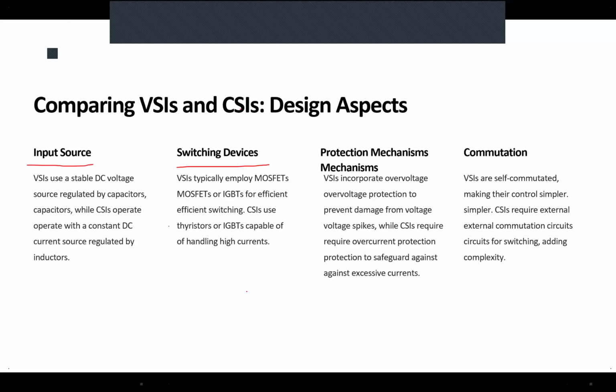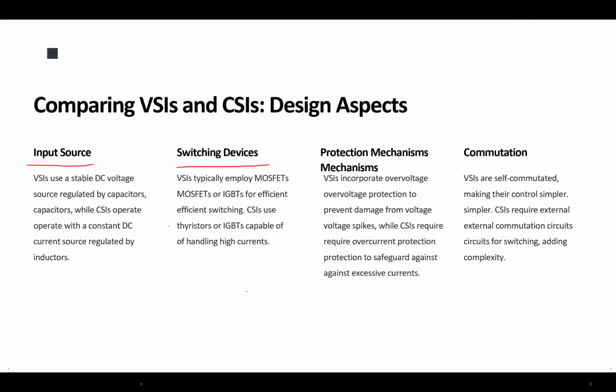We said there is a difference between the switching devices that they normally use. VSI normally uses MOSFETs or IGBTs, whereas CSI normally uses thyristors, because of the high current capabilities.